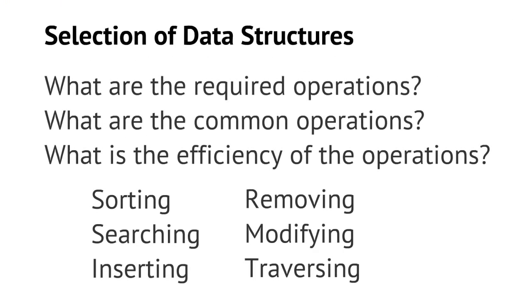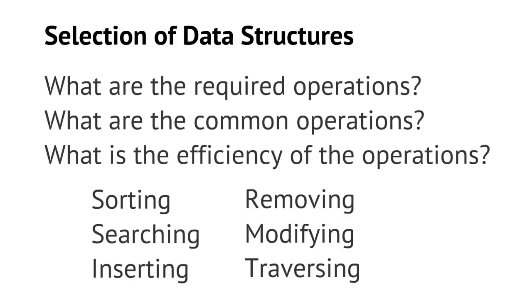And this is really one of the important things in terms of software development: selecting the appropriate data structures. We have to think about what operations are required, what the common operations are, and what the efficiency of those operations is. So again, are we going to be searching through this data a lot?